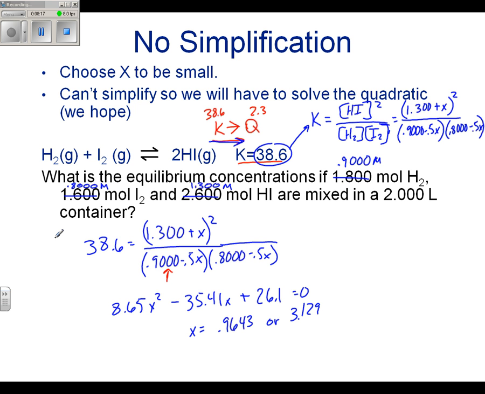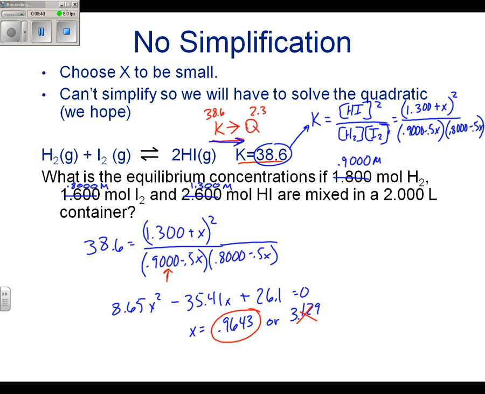Now, to determine whether x is ridiculous or not, you can plug it back into one of these concentrations. If I look at this one, 0.9 minus 0.5 times x, 0.5 times 3 is going to give me 1.5. And I cannot subtract 1.5 from 0.9 and get a whole number. I would have a negative concentration. So that means this is the ridiculous answer.